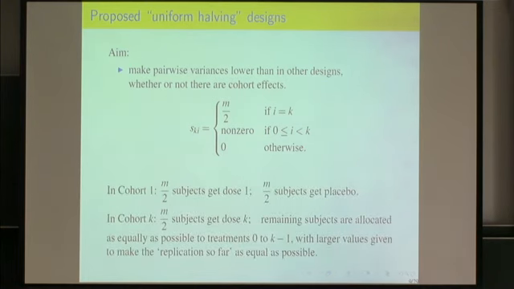And after quite a lot of investigation, I decided on the following. In the first cohort, equally split between placebo and dose 1. When we get to cohort K, put half the subjects on the new dose, and the remaining subjects, spread them out as equally as possible over the lower doses. And if you can't do it exactly, then you try to make the replication so far as equal as you can.